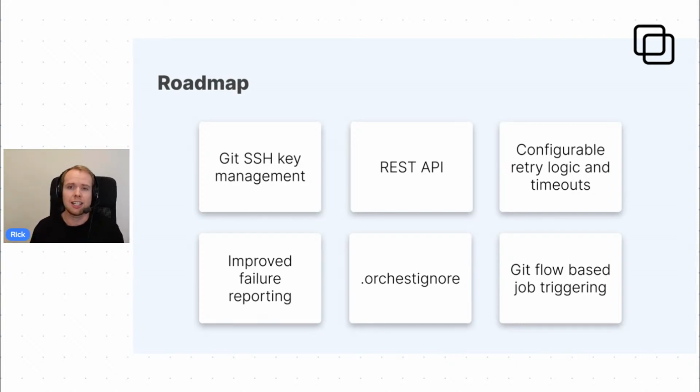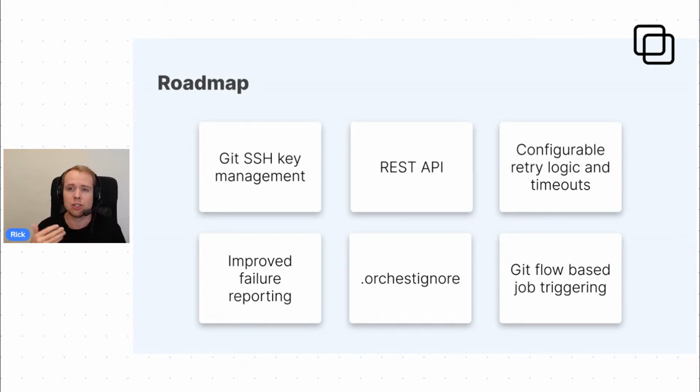Another area where we are looking to expand the declarative capability of Orchest is around configurable retry logic. And I think this is particularly useful because sometimes when you're building a data pipeline, you as the author know a bit better than our system can assume what kind of failures can cause a step to fail. And sometimes, because you know that there might be a little bit of a time delay before some external system becomes available, you want to set the retry count to a higher value than just one.